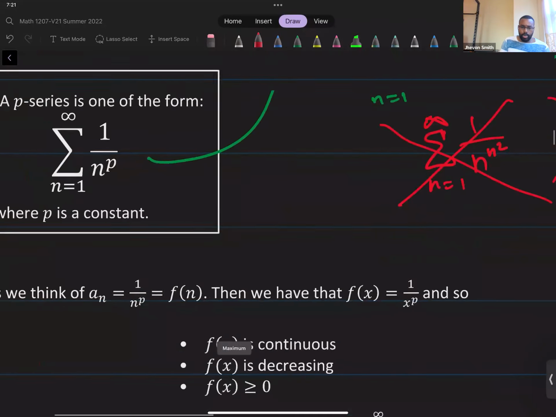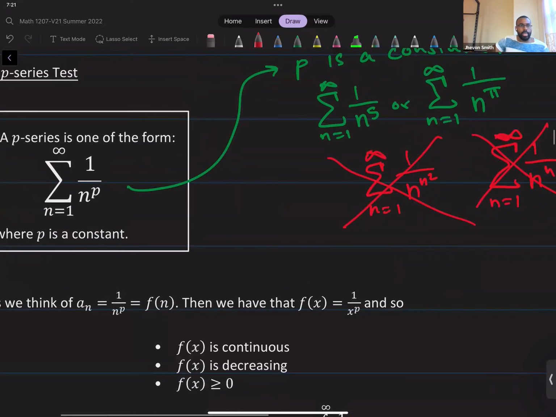Now, as I mentioned here, if we think of the a_n as 1 over n to the p as a function, the corresponding function would be 1 over x to the p. And of course, since our x is not 0 because it's starting at 1, this function is continuous. Also, you can graph it and you'll notice that it is decreasing for positive x.